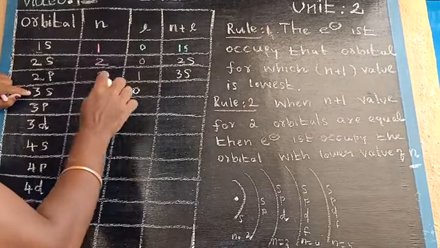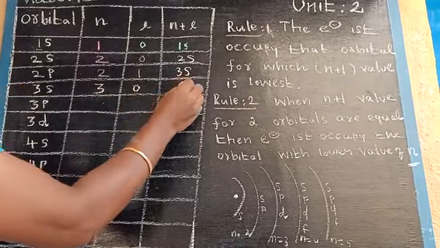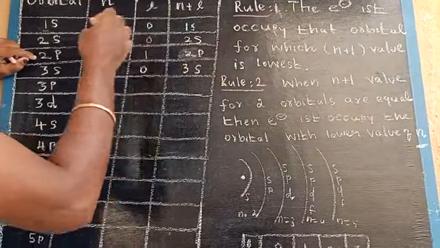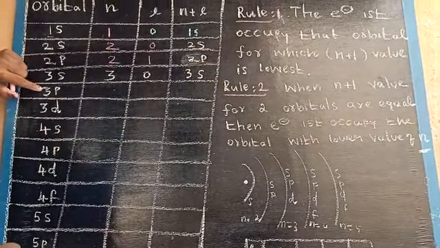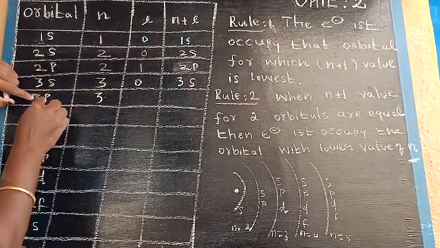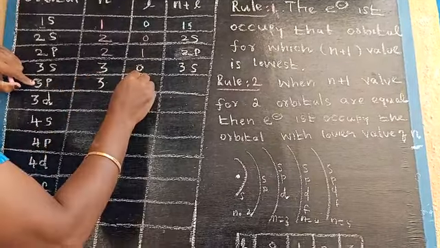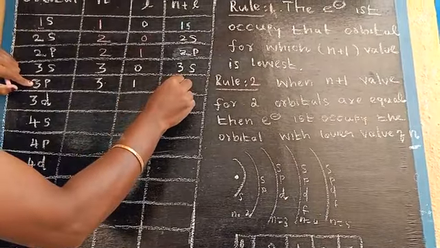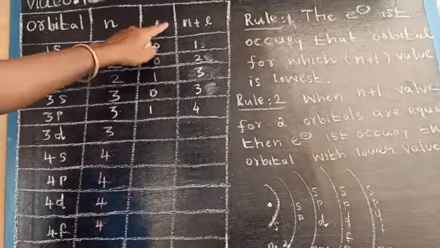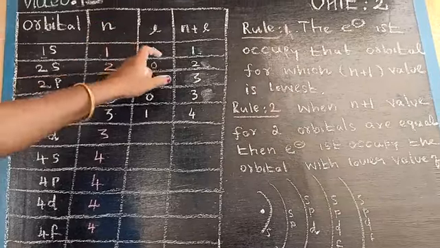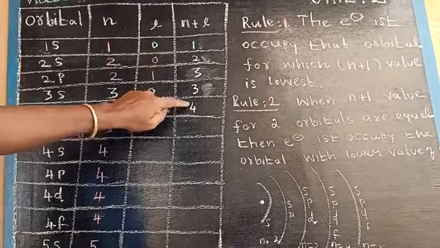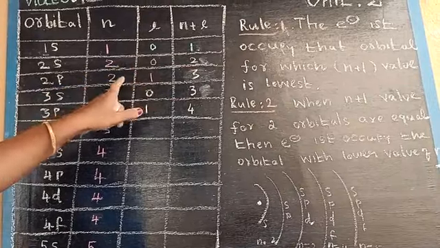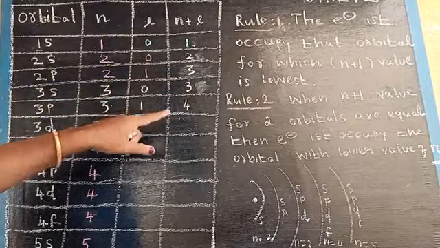So 3 plus 0, here 3. So here 3s. And next here 3 p orbital 1. So 3 plus 1 is 4. Okay. In n plus L only write the total numbers alone. Don't write s and p. So 1 plus 0 is 1, 2 plus 0 is 2, 2 plus 1 is 3, 3 plus 0 is 3, 3 plus 1 is 4.